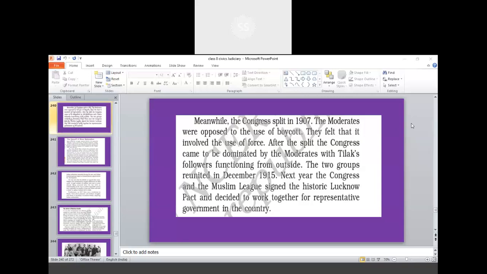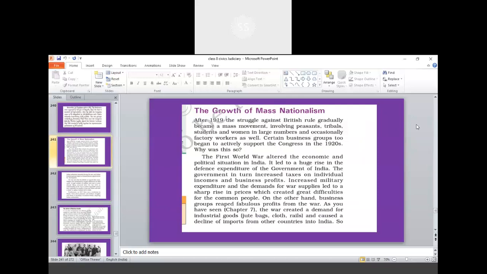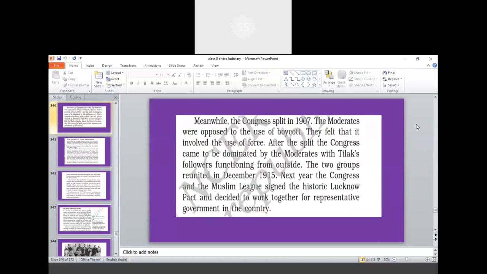The Indian National Congress reunited in the year 1915, divided in which year? 1907, sir.